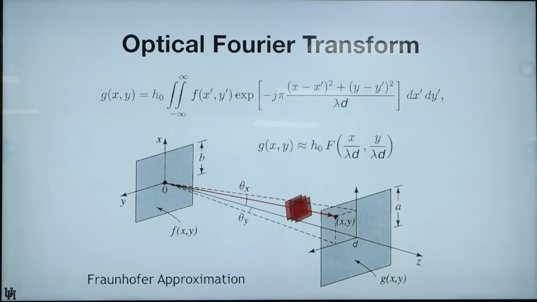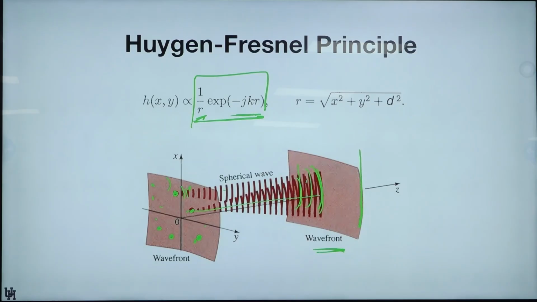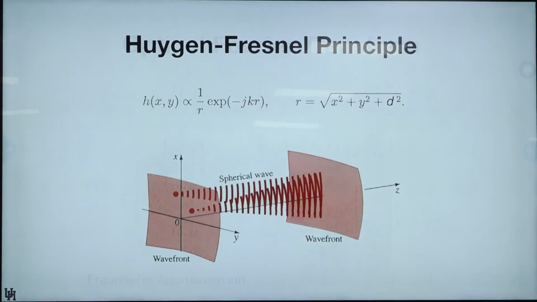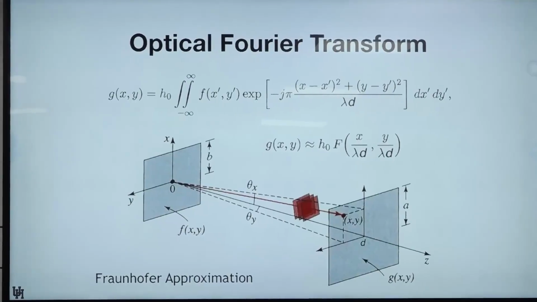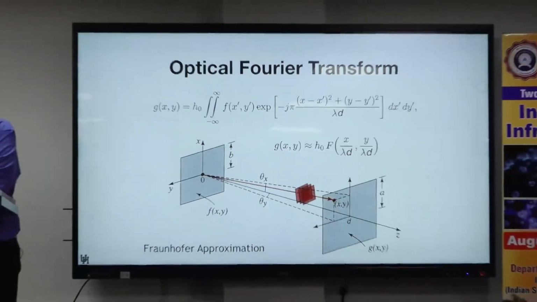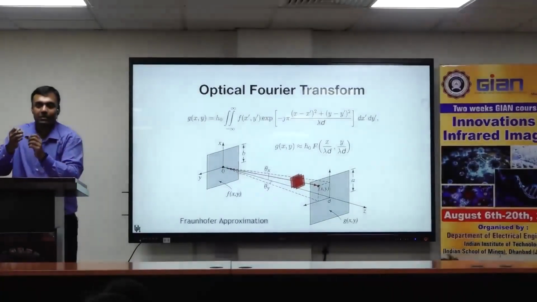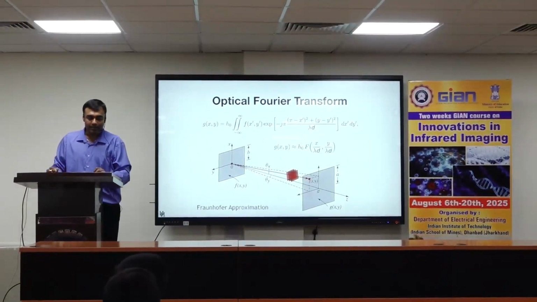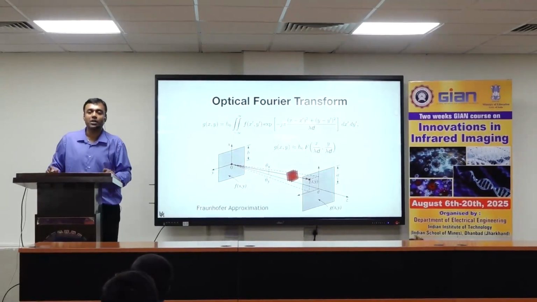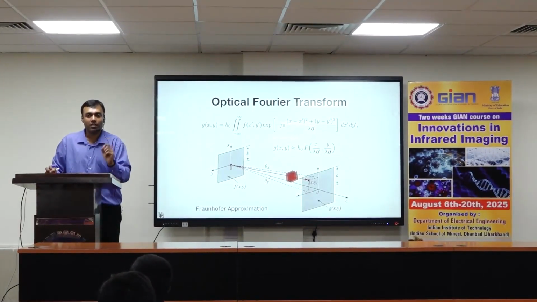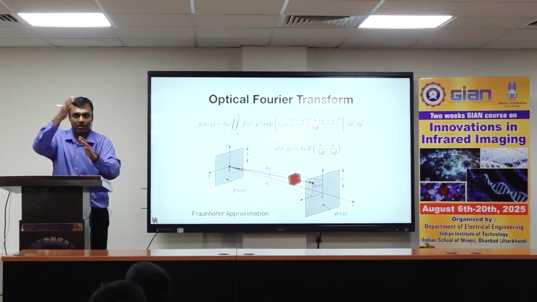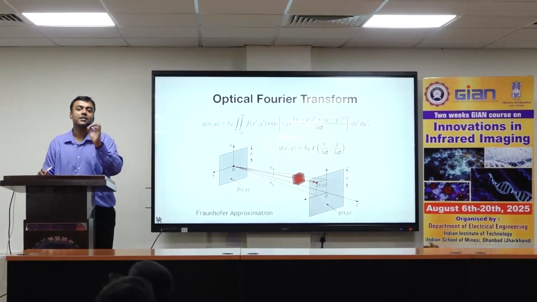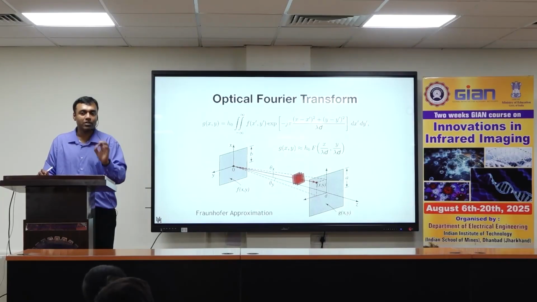That's an interesting question. The impulse is essentially the spherical wavefront, like a dot. So what is an impulse in 2 dimensions? It's a dot. In 1 dimension you have an impulse, right? A dot is an impulse. And how do you make a dot practically?